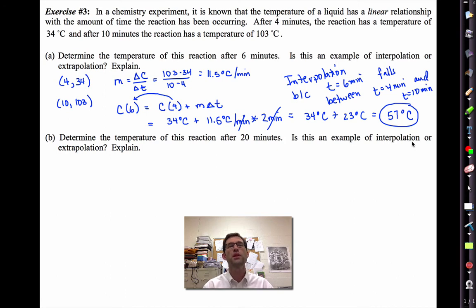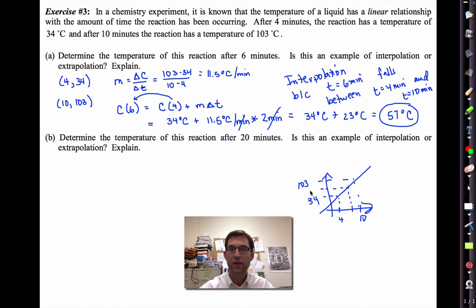So it's interpolation. Really, what we did is we knew at 4, we had 34. We knew at 10, we had 103. And we figured out that at 6, we had 57. So this point was inside of these two.